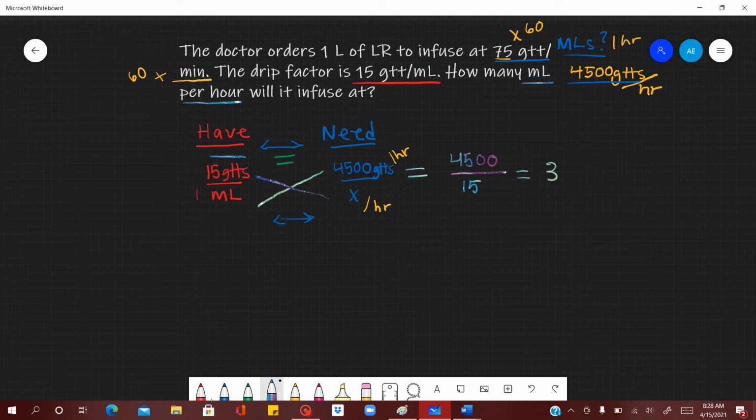And we're going to end on 300 milliliters, because we solved for X. X equals 300. So we've got our milliliters here. And we know, too, that this is per hour. So we've got 300 milliliters per hour.